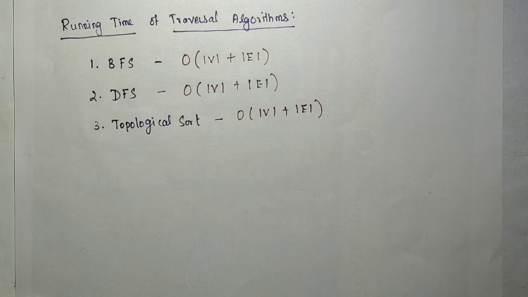Like that you can analyze. So finally you should remember the time complexity of each and every algorithm that you are discussing in this semester. Once you learn an algorithm, try to find the complexity of that algorithm.